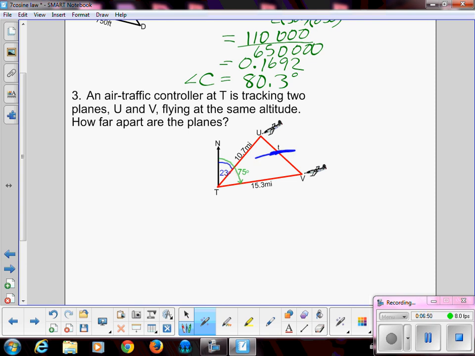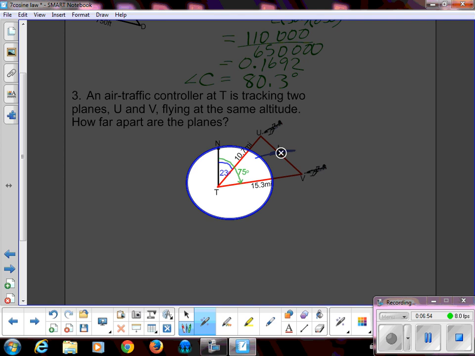Now, what's different about this one is they have given us angles like this. So the green angle goes from N all the way down to this 15.3. So that's 75 degrees. And they also tell me 23 degrees is that blue angle.